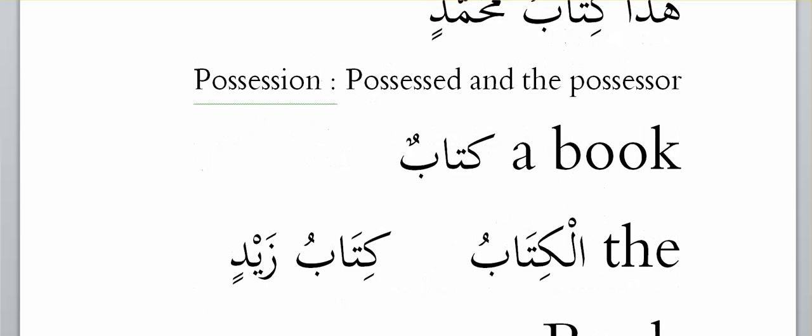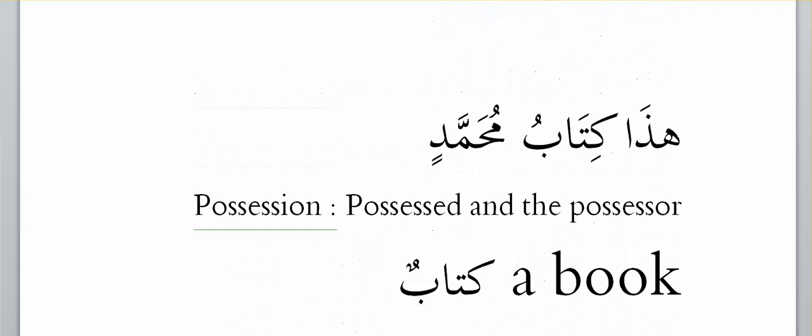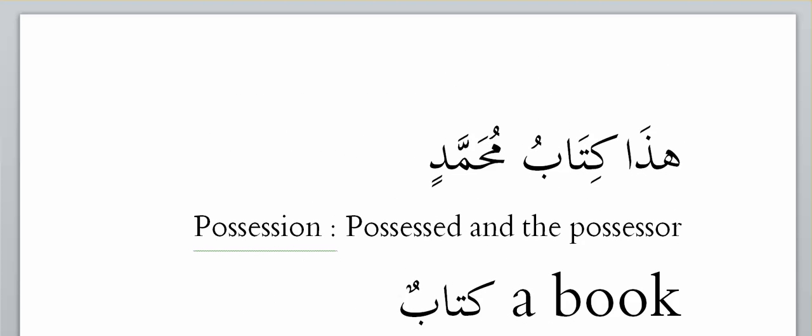Are you all following this or are you not following it? Okay, so let's go over this again. We have Kitabun and Muhammadun. That's the way the words are originally. Remember, all names or asma, nouns in Arabic have tanween at the ending. Not all, nearly all. There are exceptions.